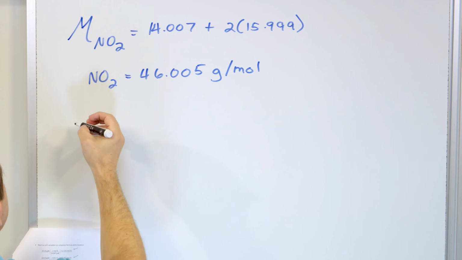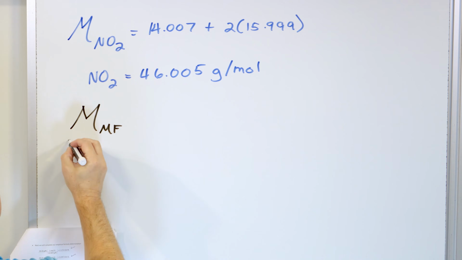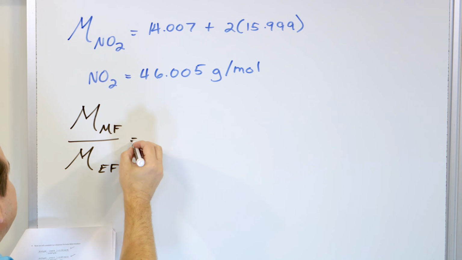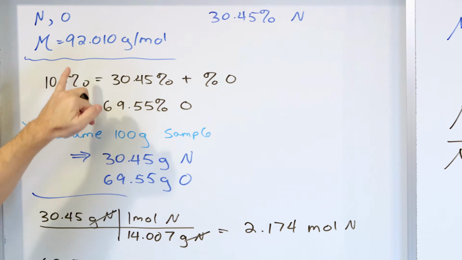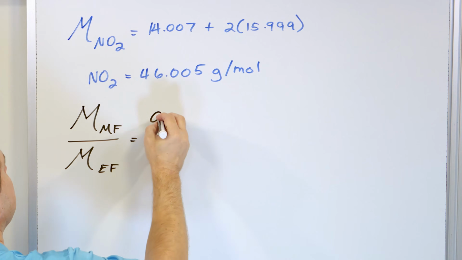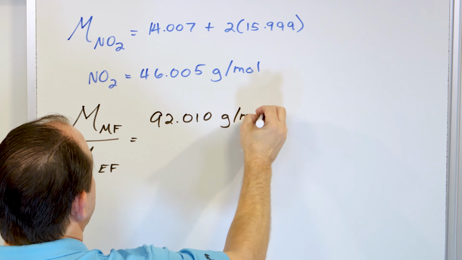Now, the molecular formula is usually a larger number than the empirical formula. You want to figure out what the ratio is: the molar mass of the molecular formula, and you divide it by the molar mass of the empirical formula to get the ratio. Now, the mass of the molecular formula was given to us in the problem, 92.010 grams per mole.